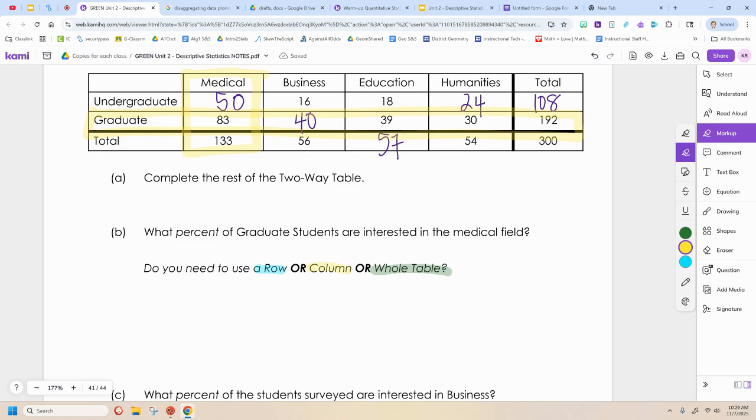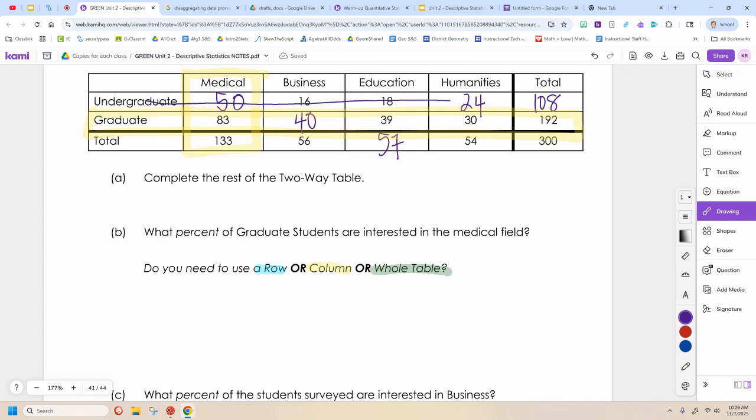What percent of graduate students? So do I care about undergrads? No. So I do not care about the undergrads whatsoever. So when I delete the undergrads, it also means I have taken away this 133. Agreed? So it is simply going to be the row.